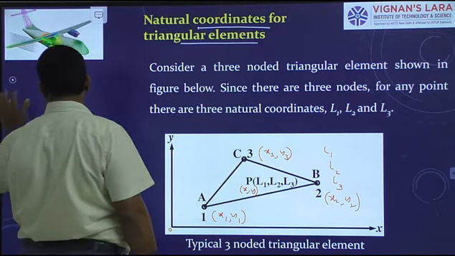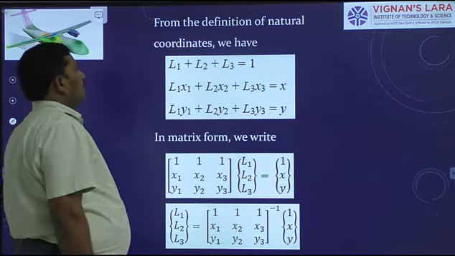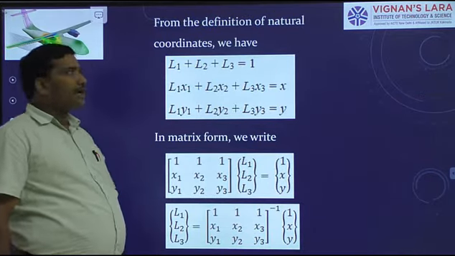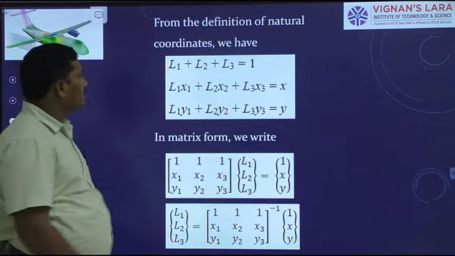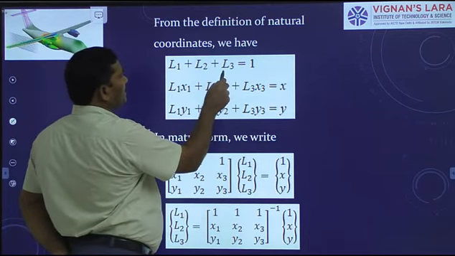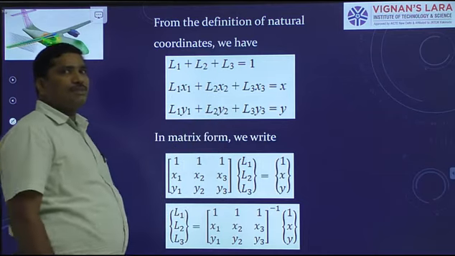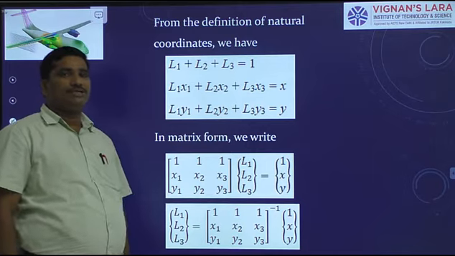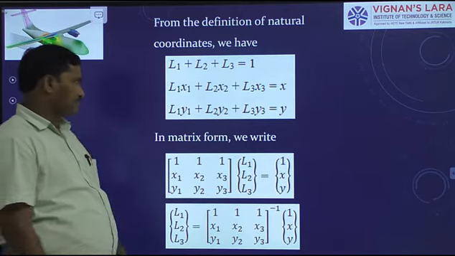Now, from the definition of natural coordinates, we write L1 plus L2 plus L3 equals 1. The sum of the natural coordinates is unity. We know this.